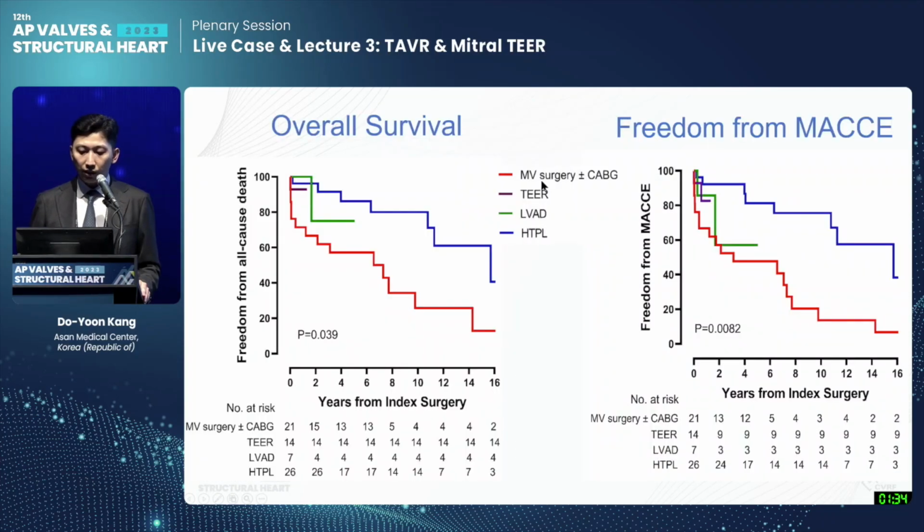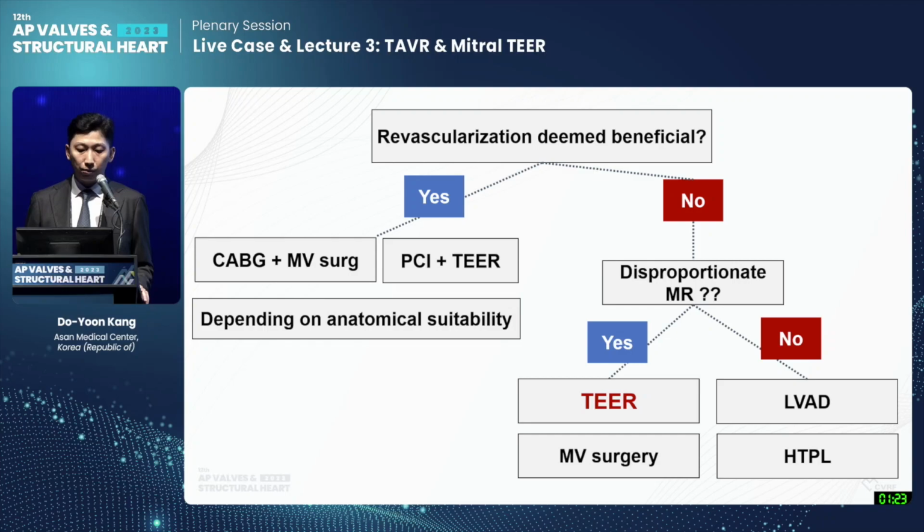So this data is very preliminary, but we are gathering more data, and with longer term follow-up we would be able to show the benefit of TEER for this kind of very high risk patient.